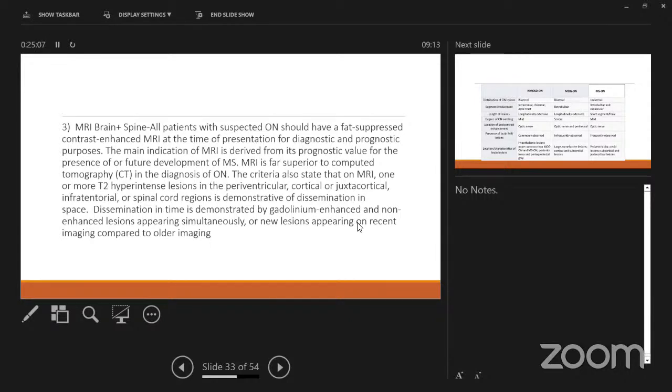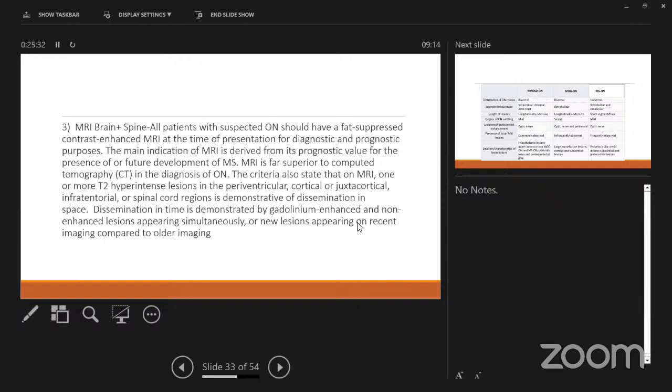Okay, and you do brain and spine also for all patients? Yes. What is your primary aim for advising MRI brain? Because primarily we have to rule out multiple sclerosis in optic neuritis patients.